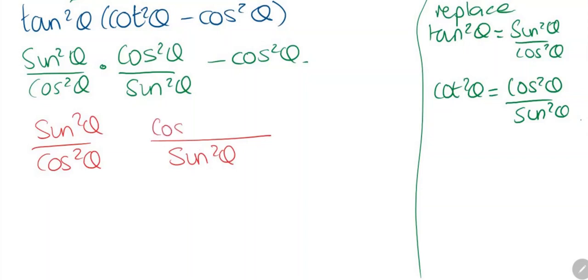So that's 1 times cosine squared theta, and then this is going to be sine squared theta multiplied with, let's write the other way around, it's got minus, so I'll have cosine squared theta and sine squared theta.